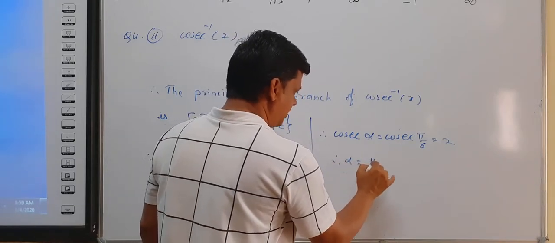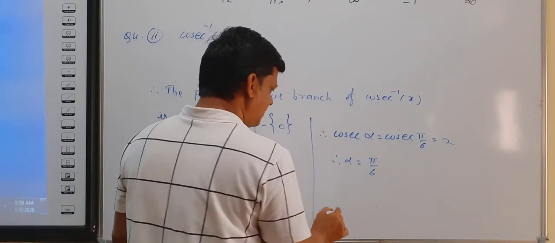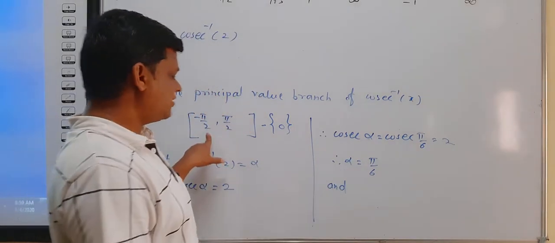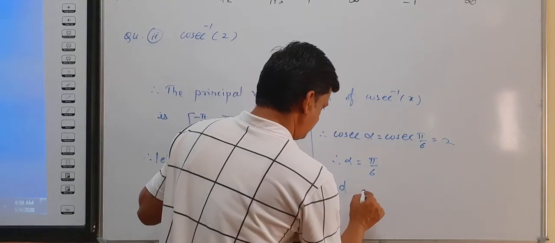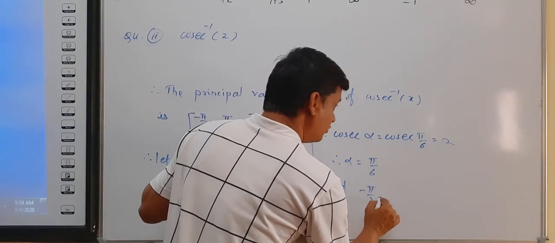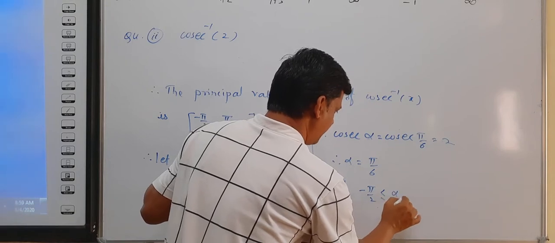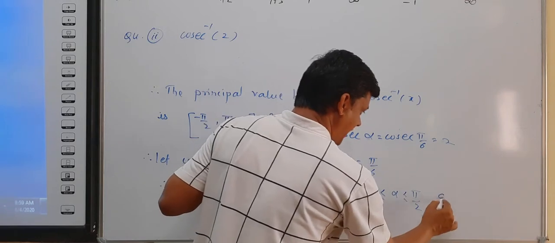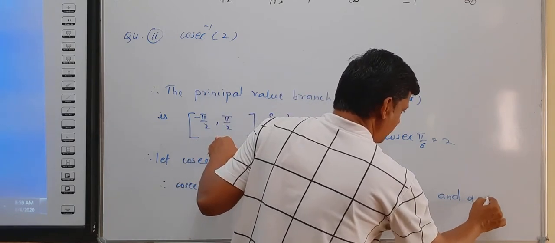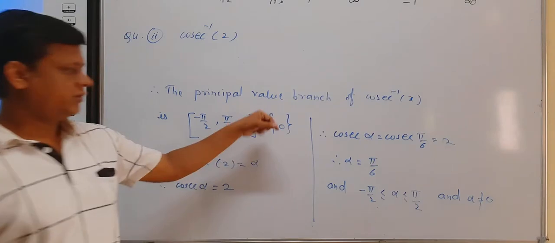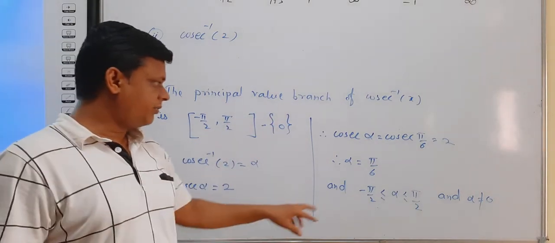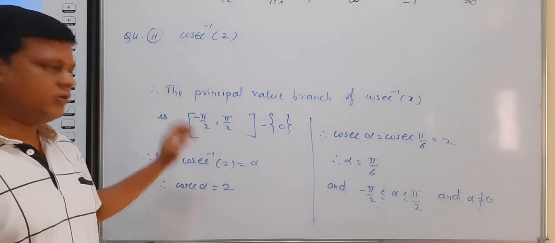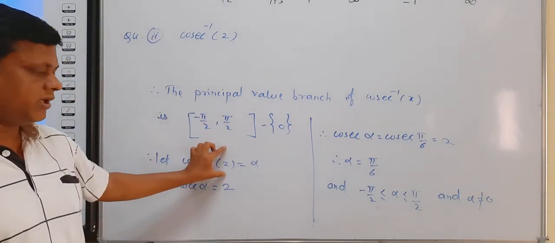Therefore alpha equals pi by 6, and this alpha belongs to this interval, minus pi by 2 less than or equal to alpha less than or equal to pi by 2, and alpha not equal to 0. So this condition is satisfied. Therefore alpha equals pi by 6 is the principal value for the given cosec inverse 2.